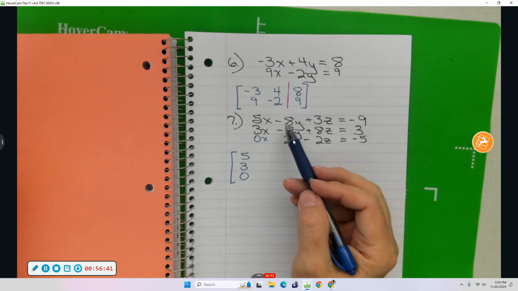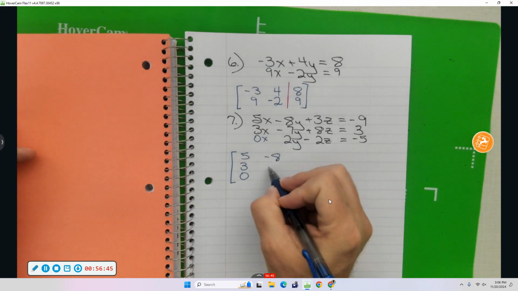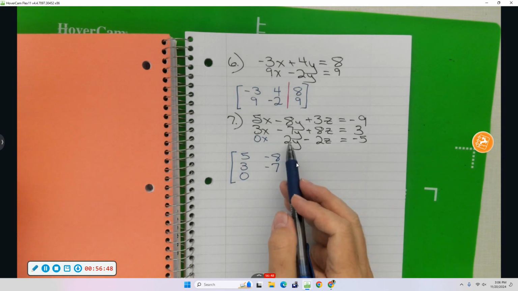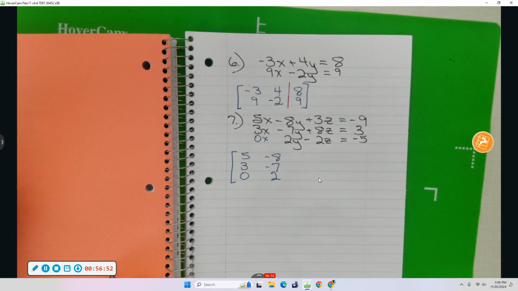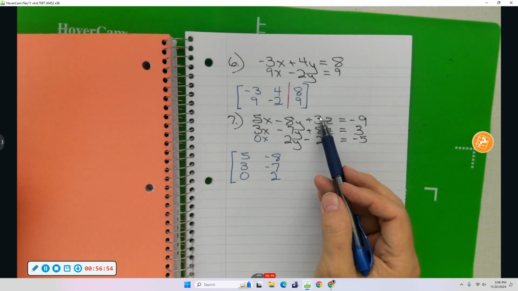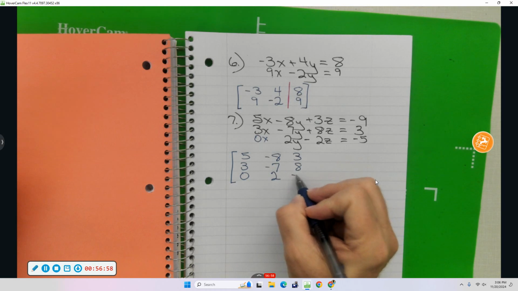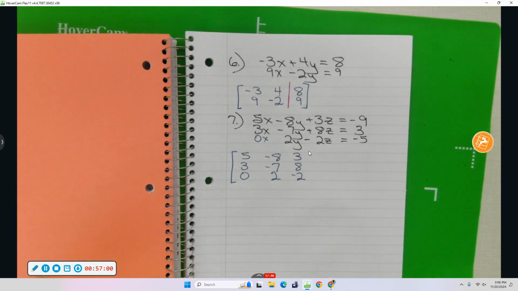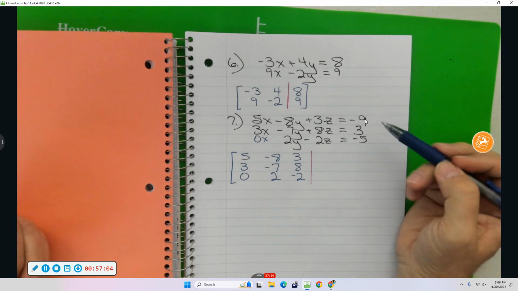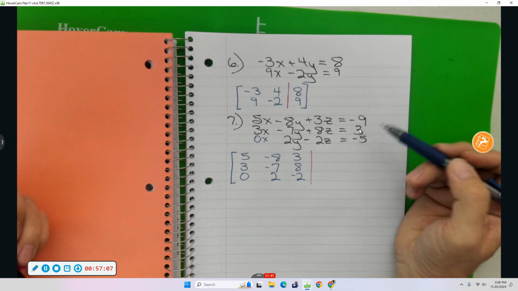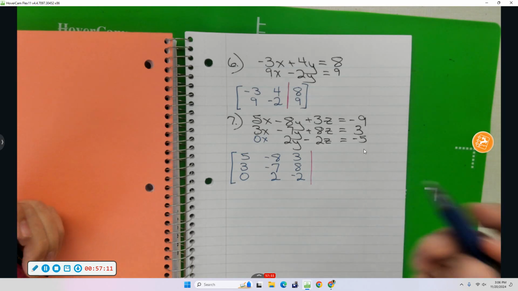For y, we have a -8, a -7, and a +2. For z, we have 3, 8, -2. We draw our vertical bar. And then the constants are -9, 3, -5.